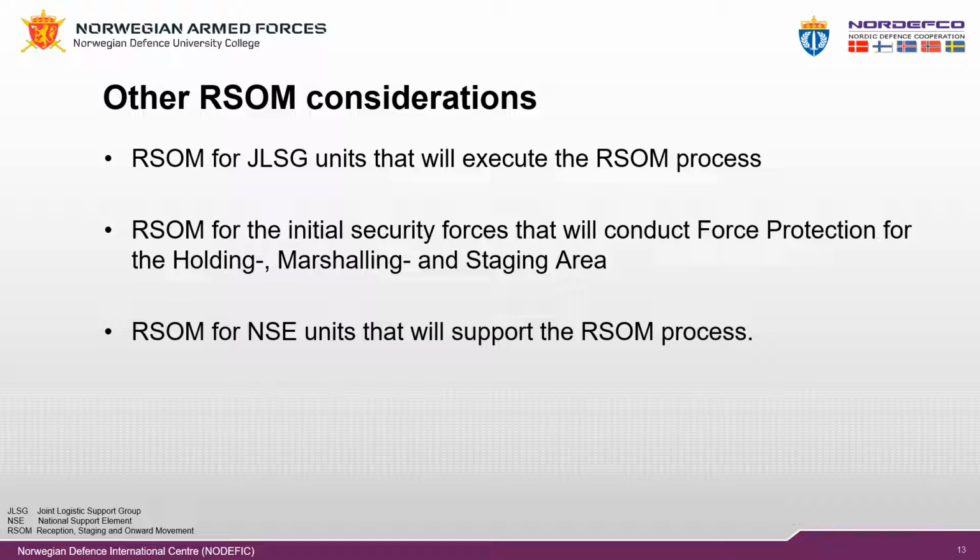Joint Logistic Support Units. The units inside the Joint Logistic Support Group will deploy with fully self-sustainment logistic capacity. If needed, these units will be supported by host nations until the Joint Logistic Support Group is operational.